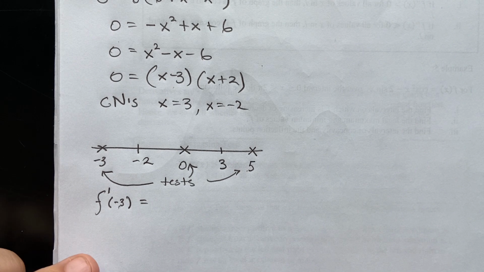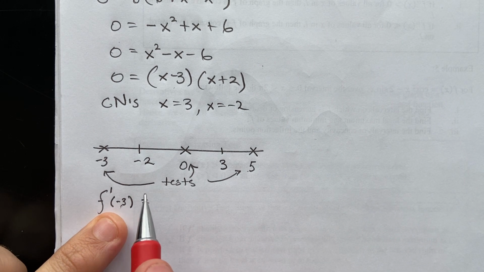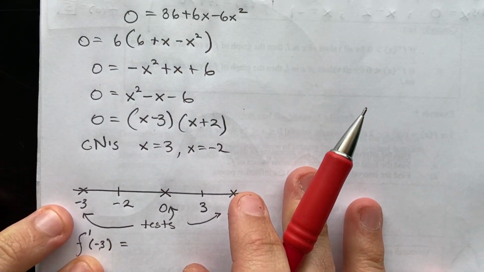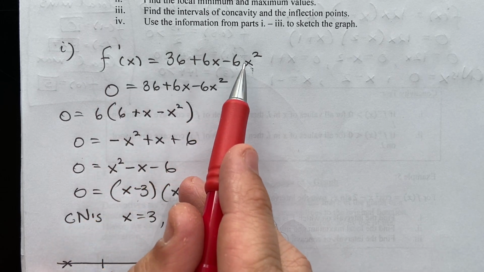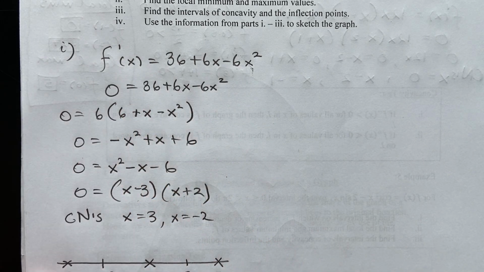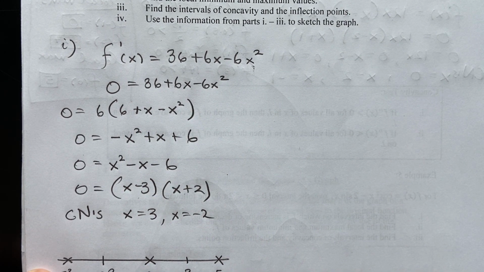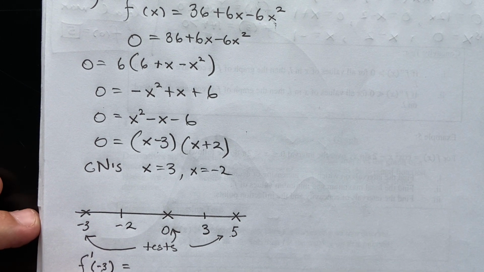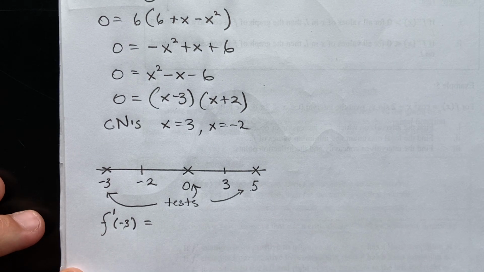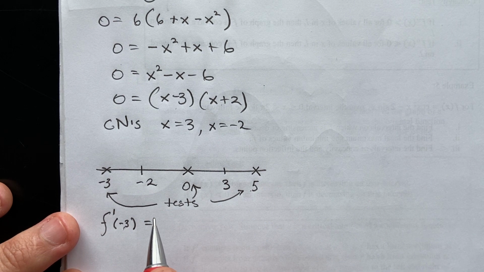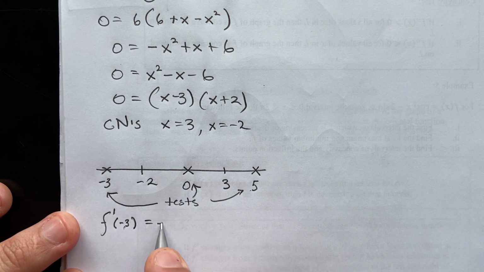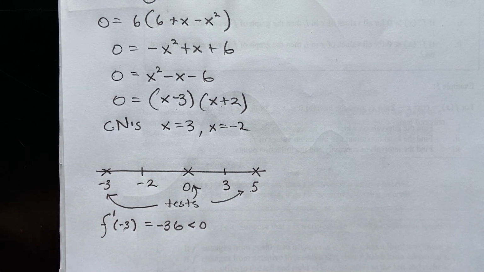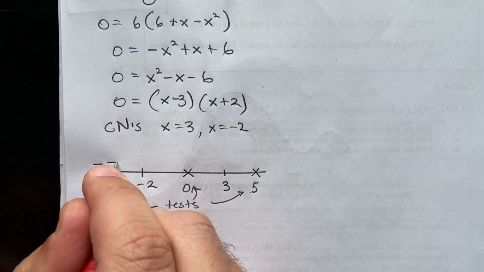Okay, plugging in -3 into the derivative. So I'm taking these values and testing the derivative, saying, okay, derivative, are you positive or negative there? In other words, is this function increasing or decreasing there, or neither? So -3, if you plug that in, saving some time, you get -36, that is less than 0.